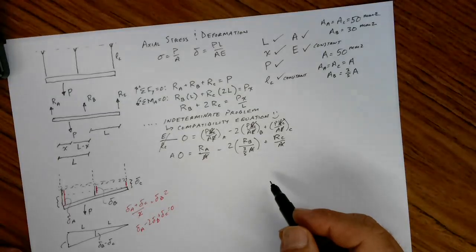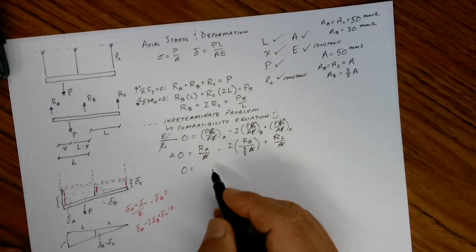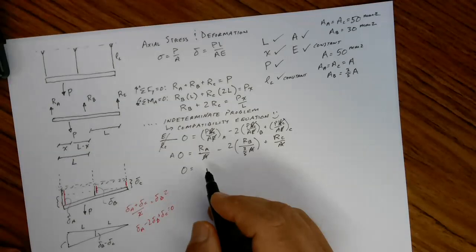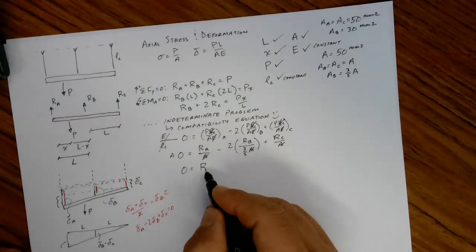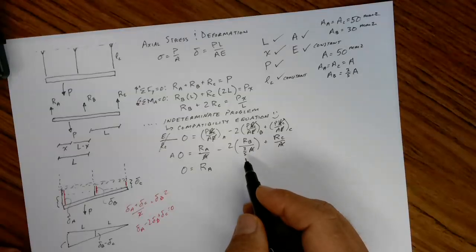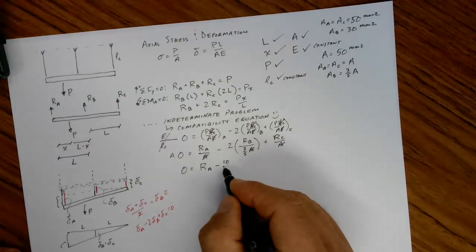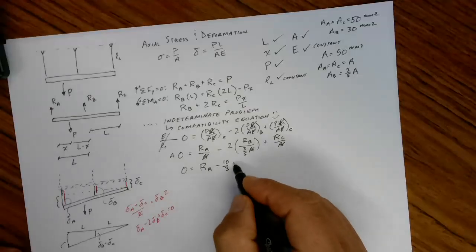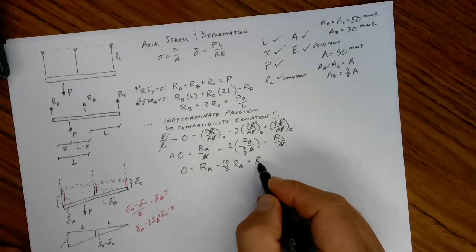Let's simplify this equation now. I'm juggling a few things in my head under time constraint. So RA is all by itself, and 2 divided by 0.6 is going to be 10/3, I think. That's 10/3 RA plus RC.